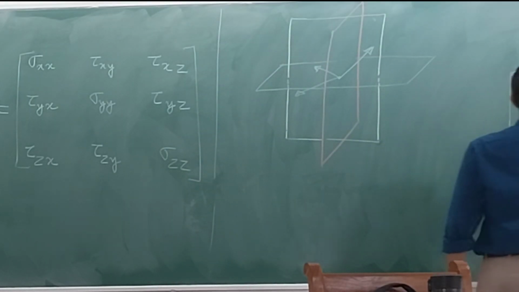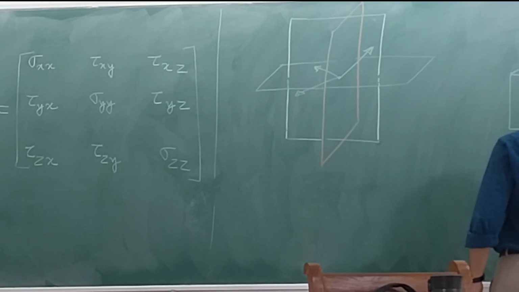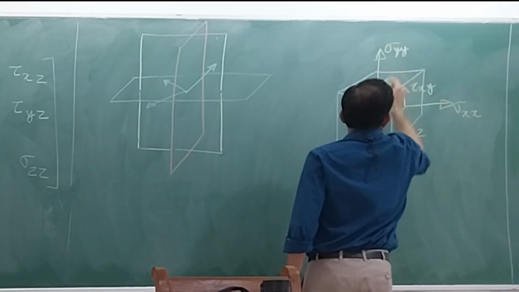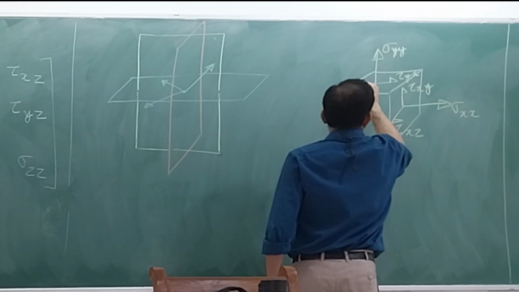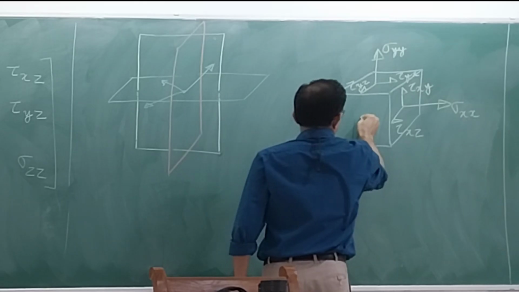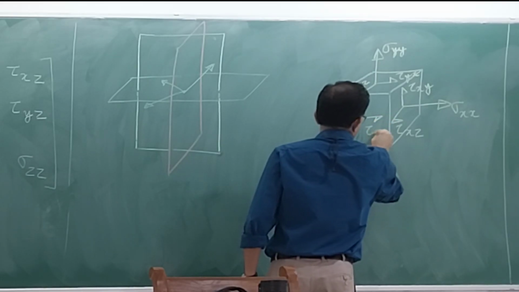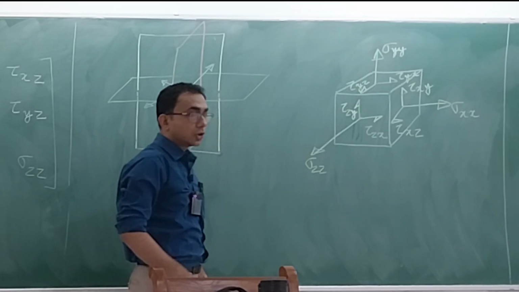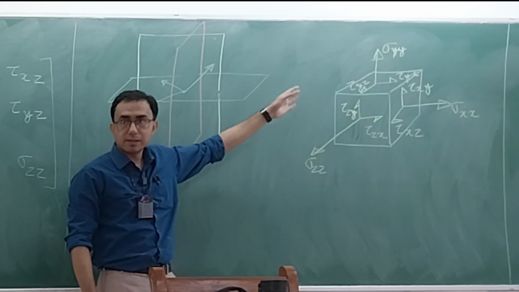That here you have sigma xx. Not only this, if you take the other hidden planes, on those also you will have their brothers and sisters.